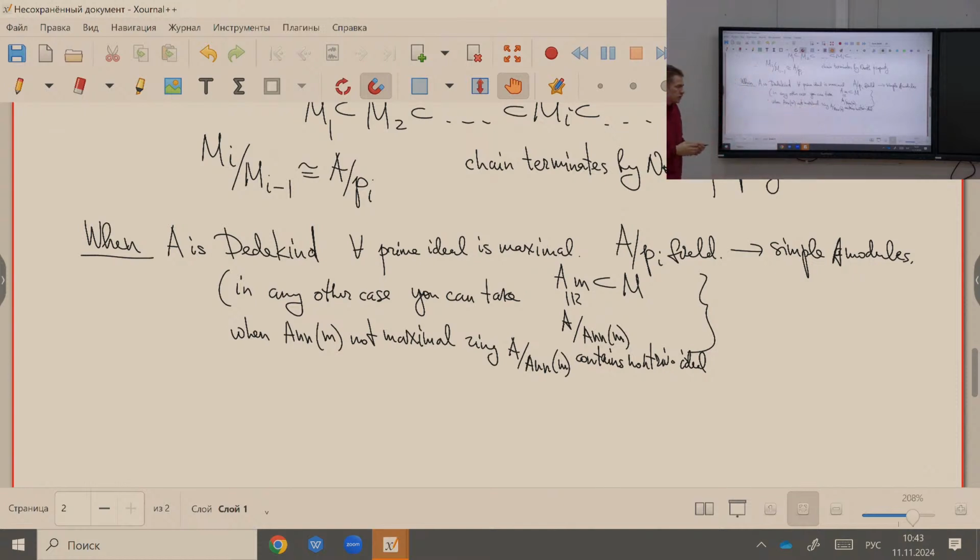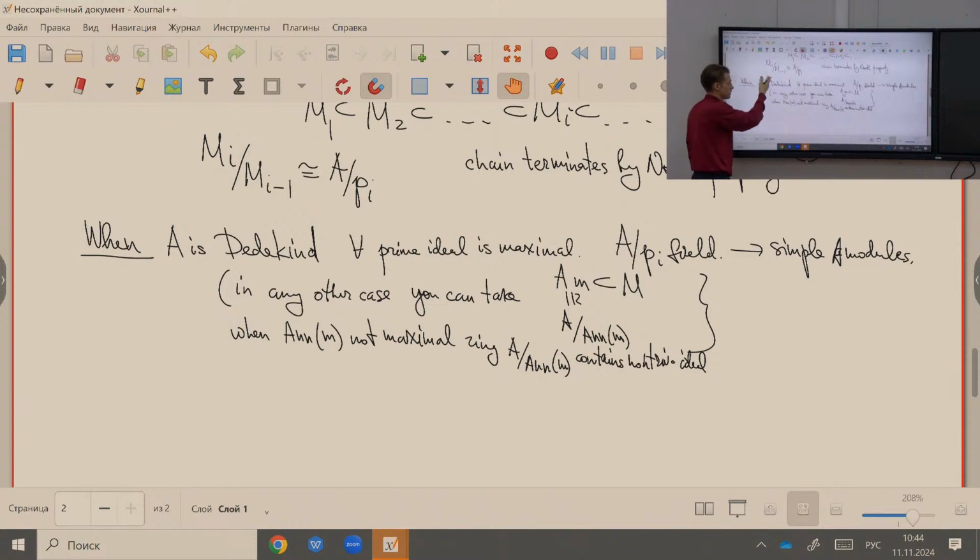So this is the description of simple modules, and this means that you have a filtration by simple modules in our case.